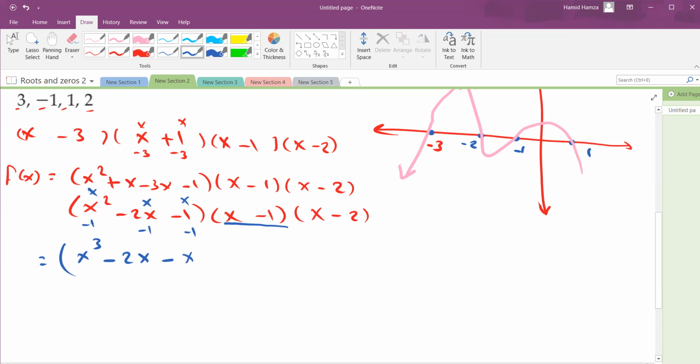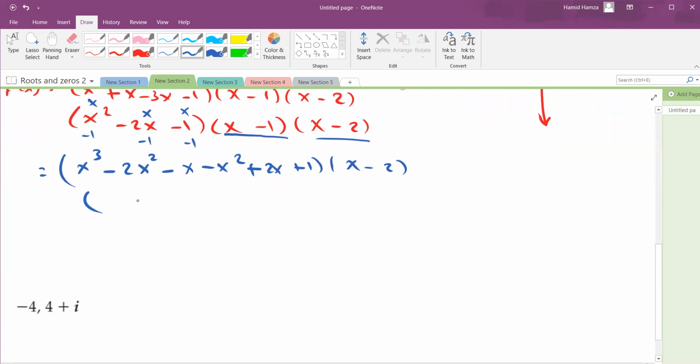Then down, -1 by x squared will be negative x squared. -1 by -2x will be positive 2x. -1 by -1 will be positive 1, multiplied by the last bracket, which is x minus 2.